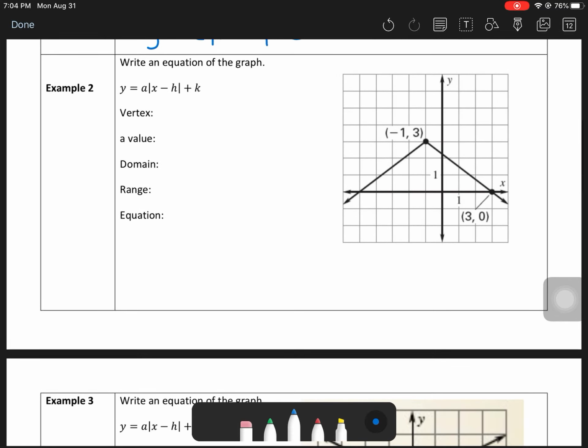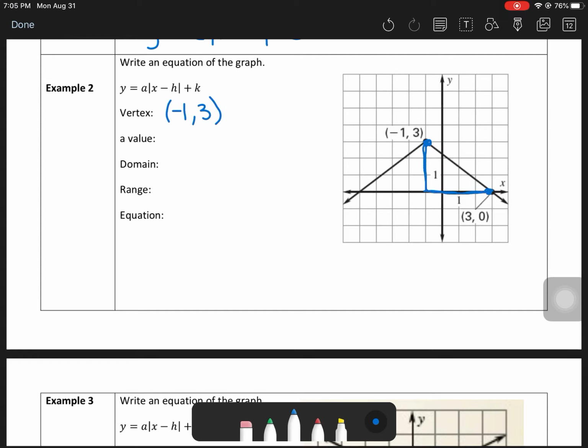So when we're writing this absolute value function, our vertex is at the point (-1, 3). To determine our a value, we're looking at our slope, which is rise over run. So we're going to go down 3 and over 4 units, drawing in our slope triangle.